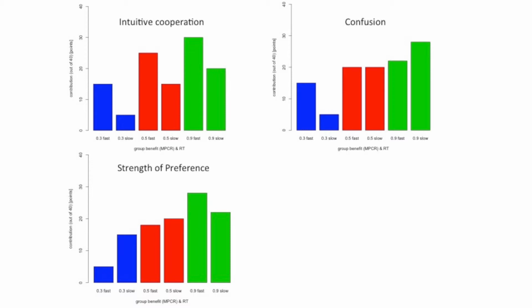The left bar is the subjects who make their decisions quickly, and the right bar is the subjects who make their decisions slowly. So it's fast, slow, fast, slow, fast, slow. The prediction from the intuitive cooperation viewpoint put forth by Rand et al. and various others is that if people are automatically predisposed towards giving, then in all 3 games, regardless of the MPCR, subjects who decide more quickly should contribute more.